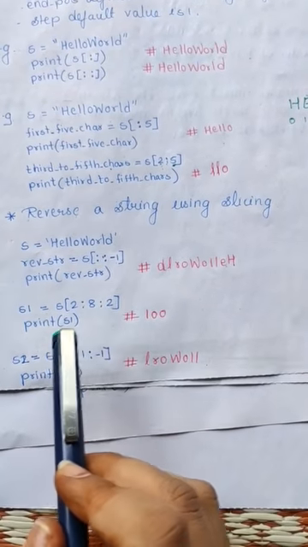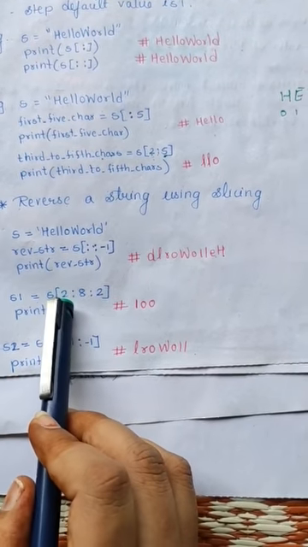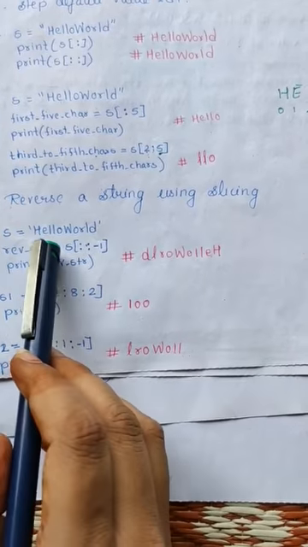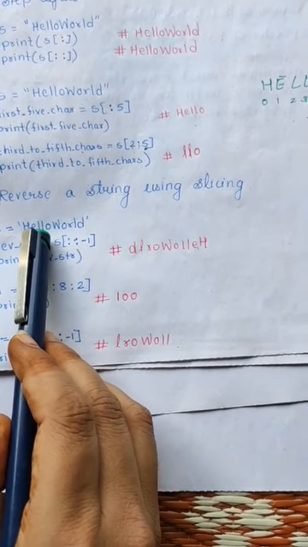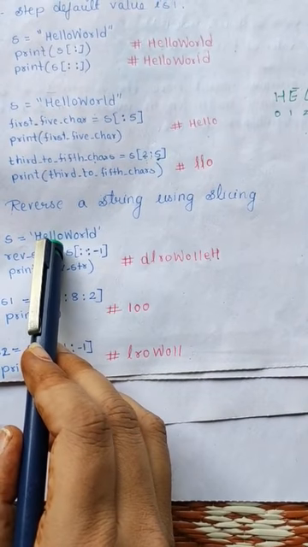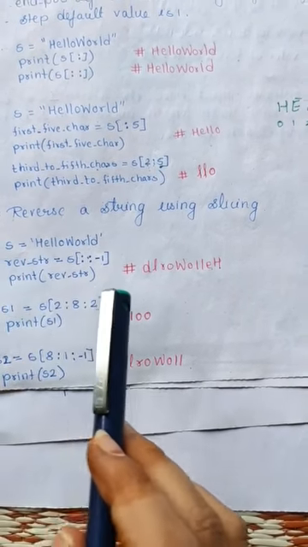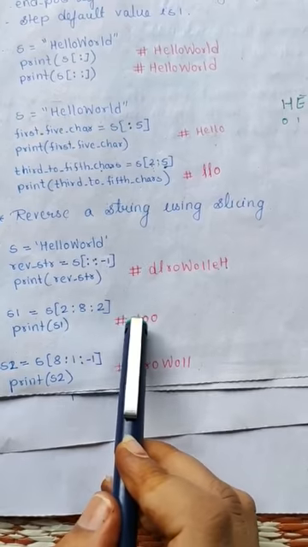That means it will start with the second character, that means 0, 1, 2, right? That means second index. So here L will be there, right? And then L will be printed.